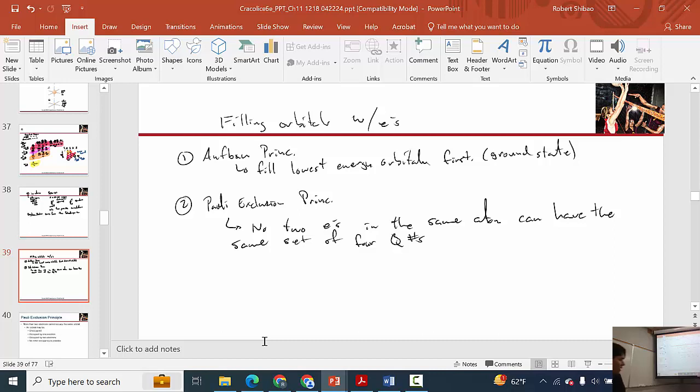In other words, you can't have 2 electrons in the same atom with identical quantum numbers. Each electron must have a unique set of quantum numbers. So each electron in an atom must have a unique set of quantum numbers.